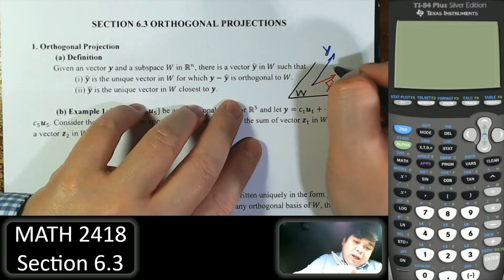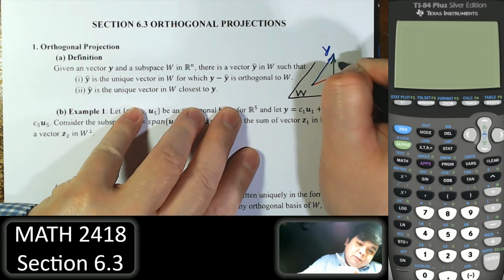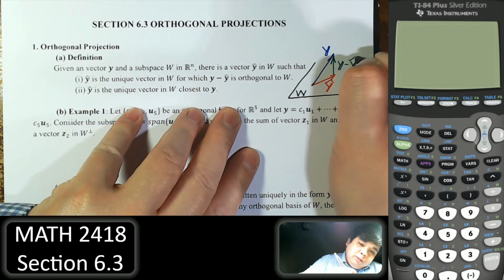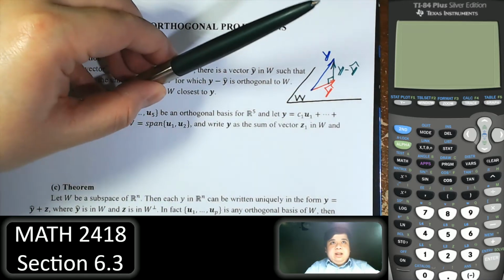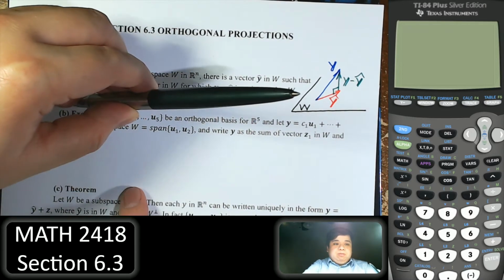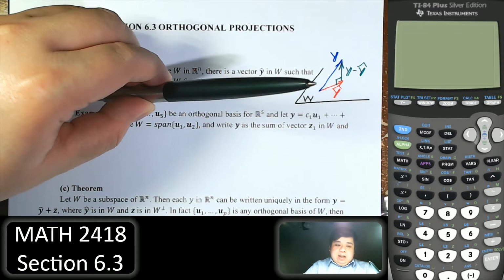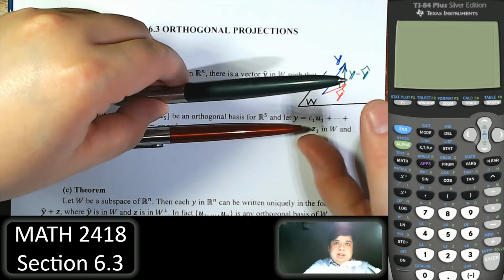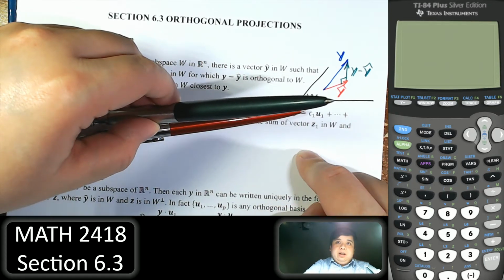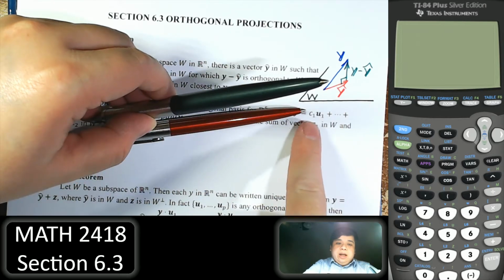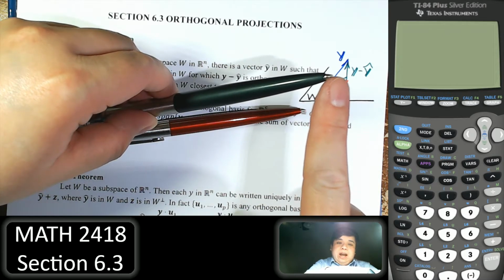And we say y minus y hat, so this vector, is orthogonal to the subspace W. So let's say the space W is this paper and we have a vector like this, and then the orthogonal projection is going to be this vector, and the difference of them is orthogonal to the paper, and also the head of that vector is the closest point to the head of the original vector.